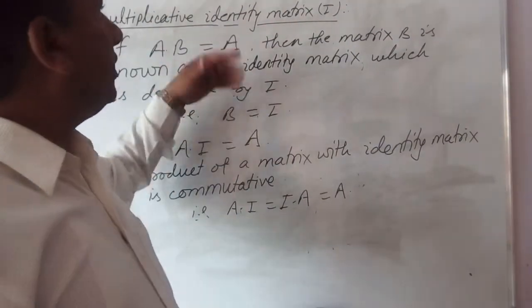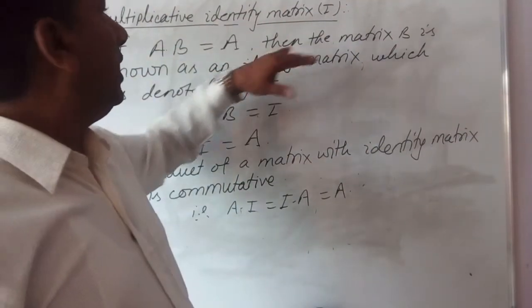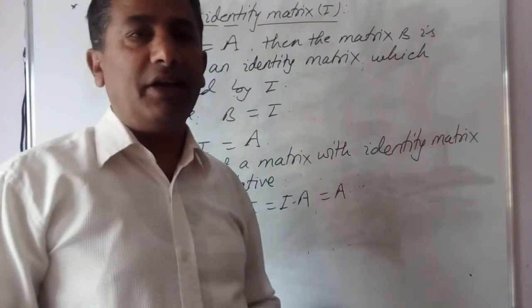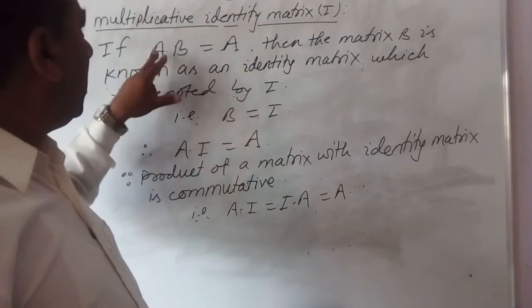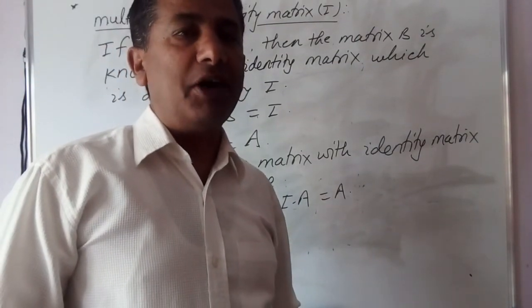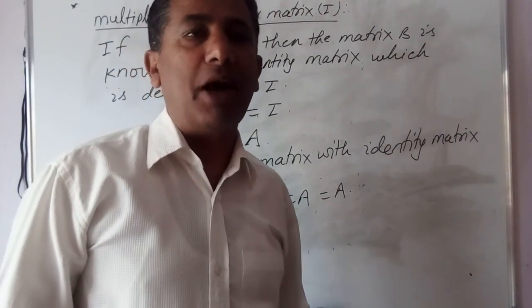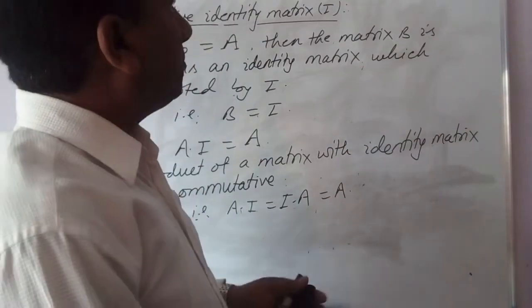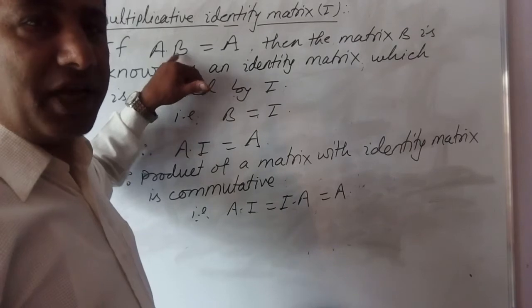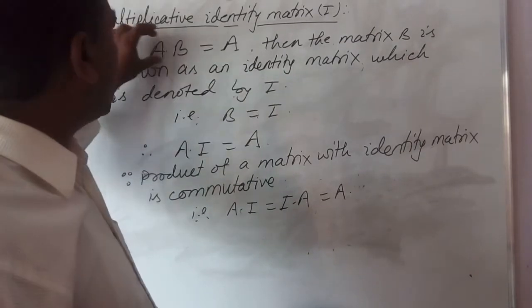Here, let A and B be two matrices which can be multiplied. Which can be multiplied means the columns of the first matrix and the rows of the second matrix are equal. That's why you can multiply.